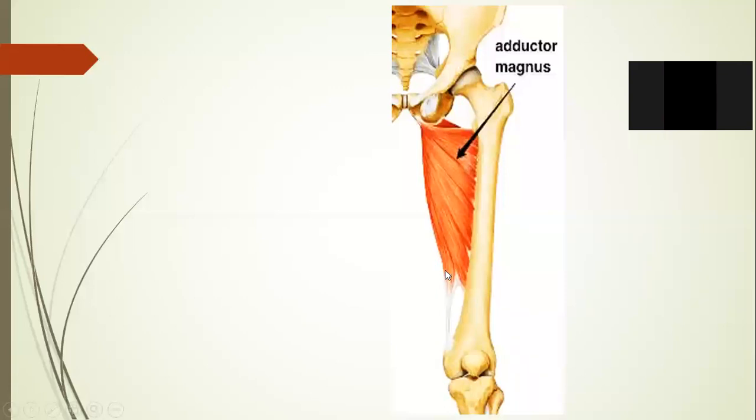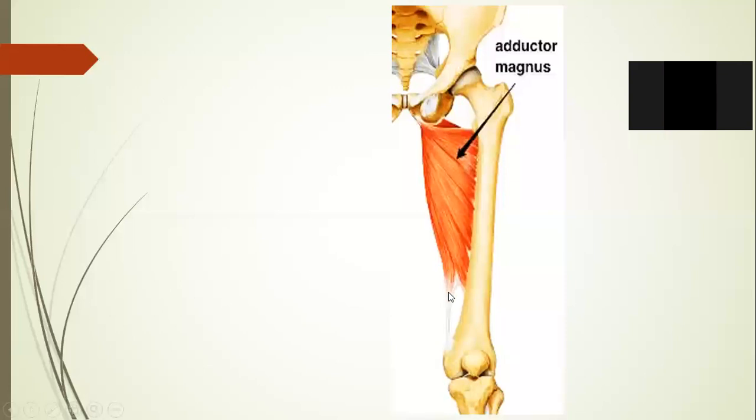Hamstring part means the posterior compartment of the thigh, the flexor muscles of the knee joint, and the posterior compartment is supplied by the sciatic nerve. So this portion of the adductor magnus muscle is innervated by the sciatic nerve.